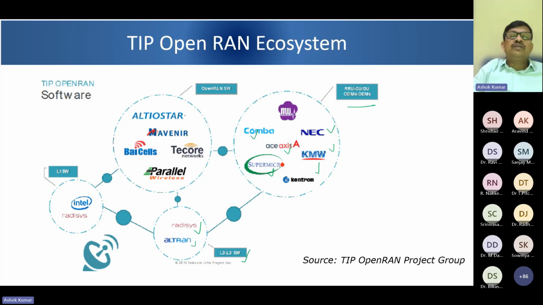Then Open RAN software from Mavenir, Altiostar, Parallel Wireless, these are the companies who are into it. Similarly, L1 software is by Intel and Radisys. So they have developed an ecosystem of companies: somebody is doing L1, somebody L2, somebody L3, somebody hardware, and somebody software. So they have created an ecosystem of radio access network. Any question, or shall I proceed?